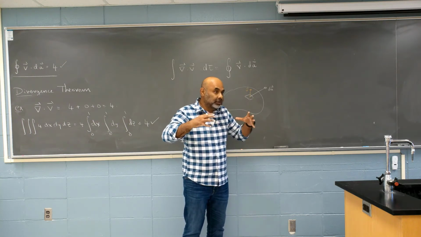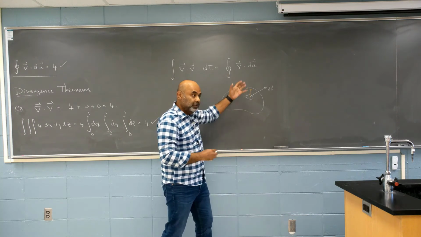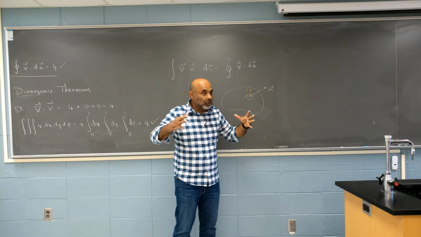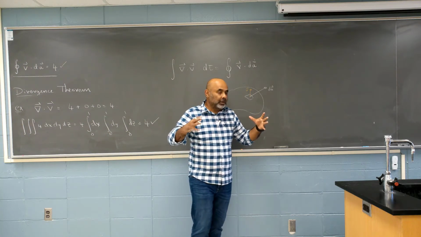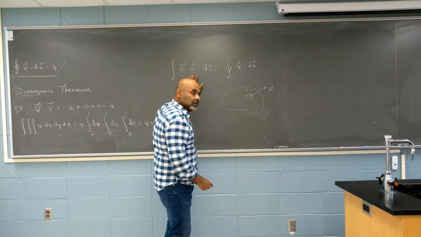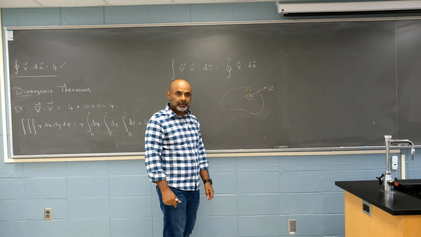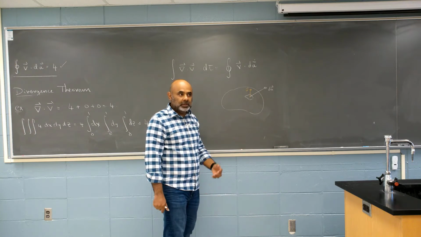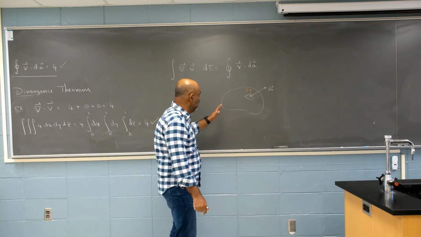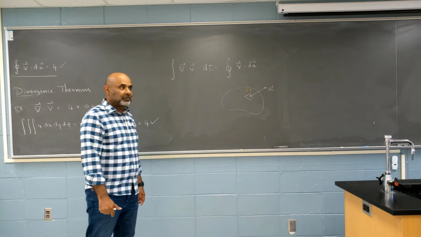Hence the term divergence. So if this is positive, there is stuff flowing out. Think of it like water from a sprinkler. If it's negative, things are flowing into it like a sink. So we've sort of discussed the math and the physical interpretation of divergence.